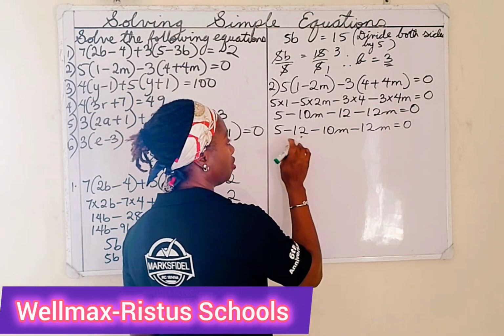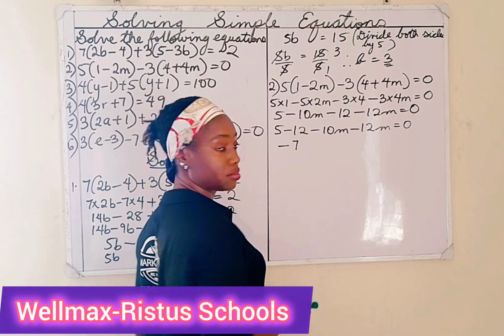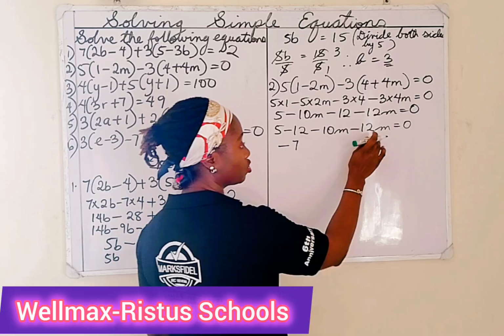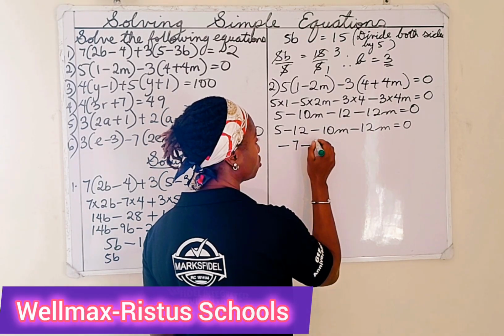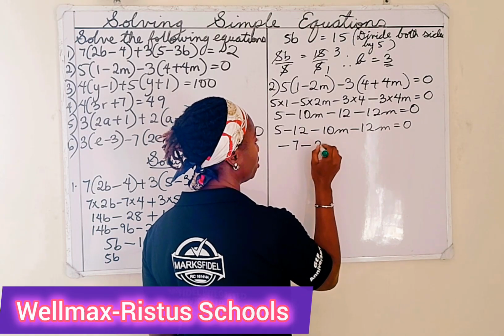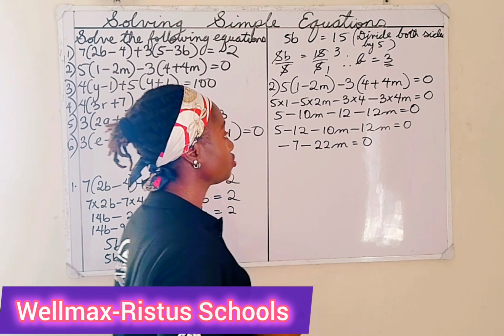So 5 minus 12 equals minus 7, right? And then minus 10m minus 12m equals minus 22m, because 10 plus 12 is 22, equals 0, right?